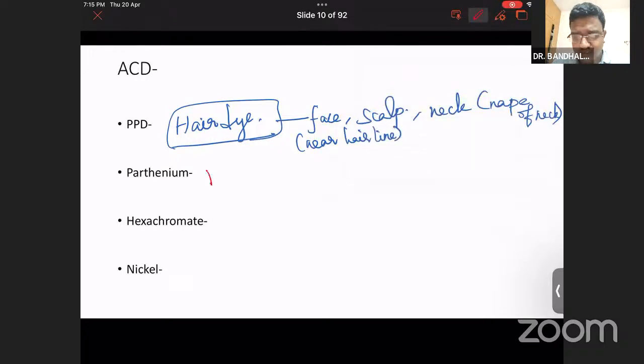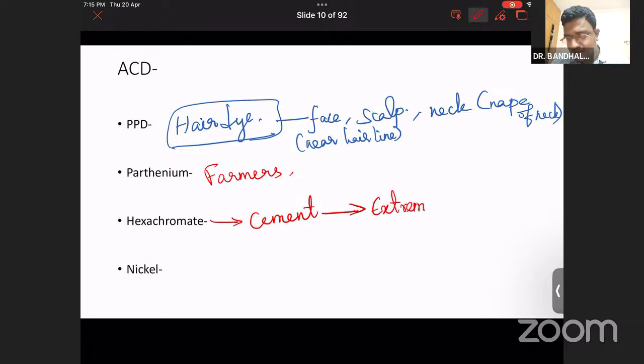Parthenium we have discussed in farmers. Hexachromate or potassium dichromate is common in cement. You can easily remember that cement will deposit in areas of contact, like the extremities commonly.